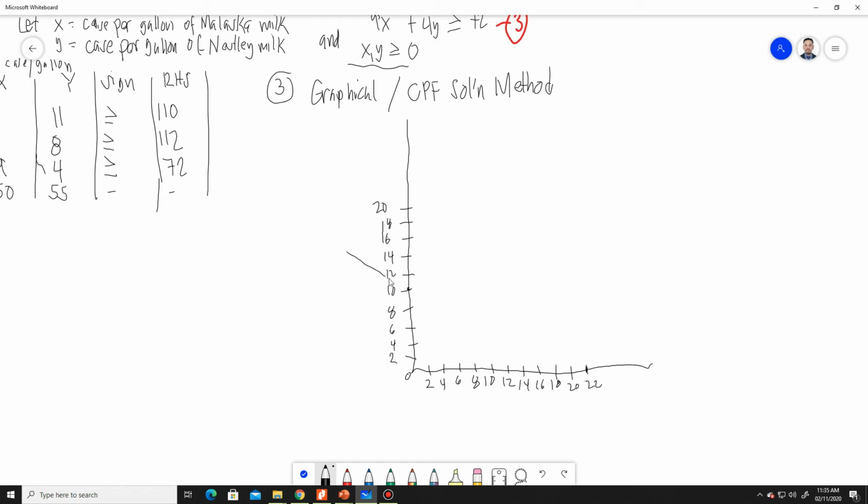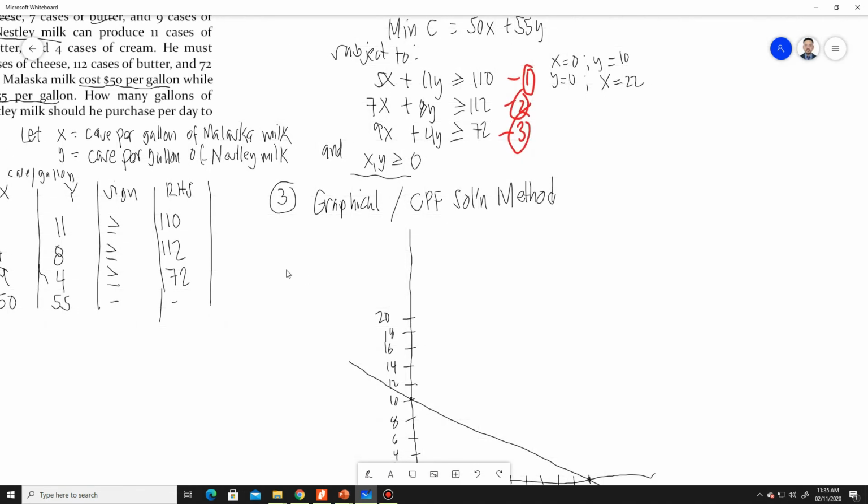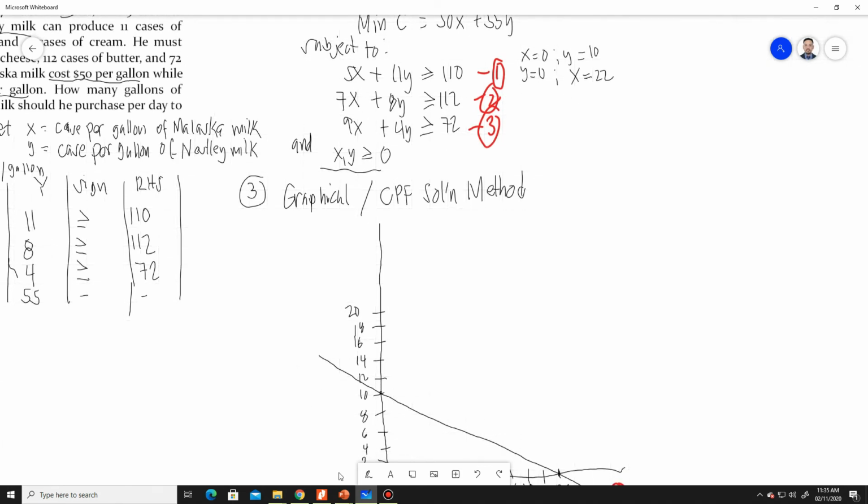So this is the equation 1 line. Okay. For equation 2, when we substitute x is equal to 0, y is 14, when y is 0, x is 16.